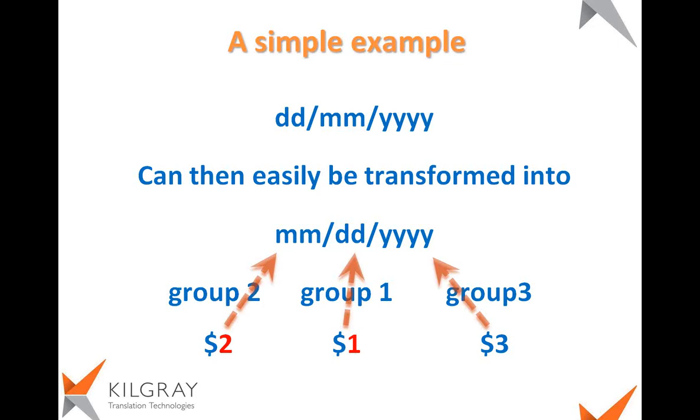For example, here, once you have your translated equivalent, or here the same numeric equivalent, you can rewrite a date from the day, month, year format into month, day, year format if you just reverse group 1 and group 2, and then you would have your translated expression between quotes. So that would be a very simple way of rewriting something.